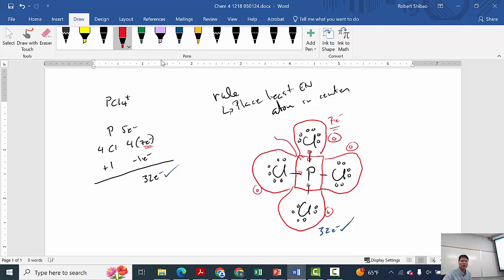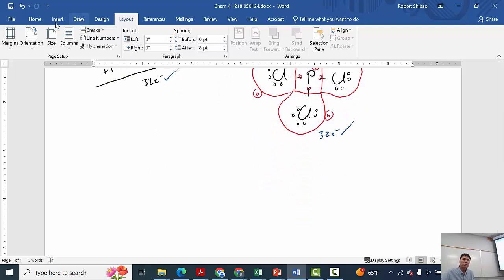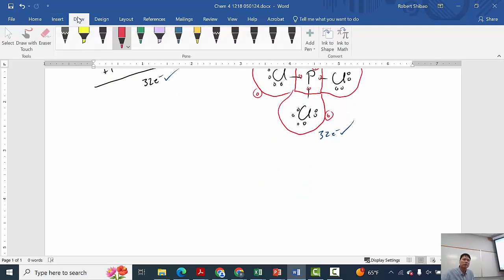Phosphorus only ends up with 4. How many did phosphorus contribute? 5. And therefore its formal charge will be plus 1. And so when we draw the Lewis structure, we draw the structure plus any non-zero formal charges.